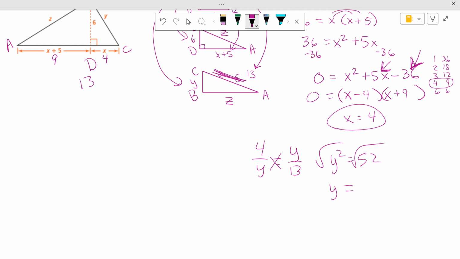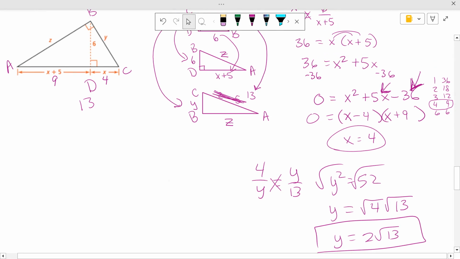What's the perfect square that goes in 52 evenly? What number goes in 52 evenly? 4 does 13 times. So simplest radical form is 2 square root of 13. So if they ask for simplest radical form, that's what they want.